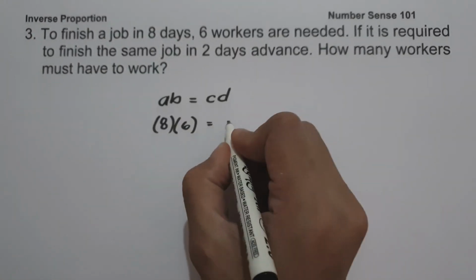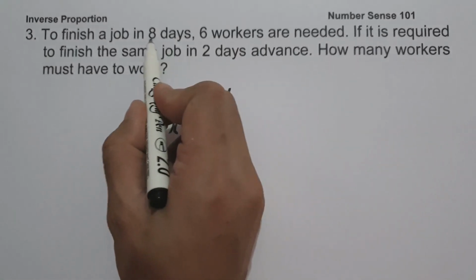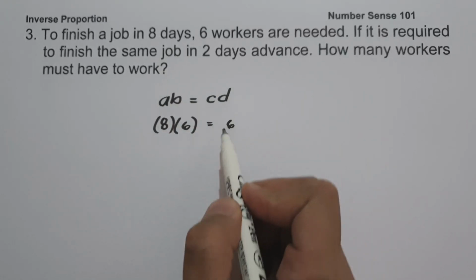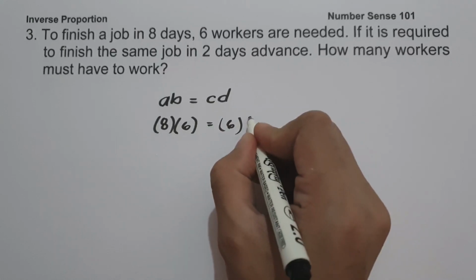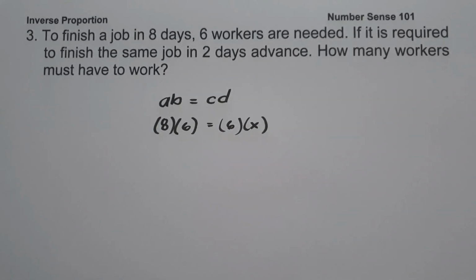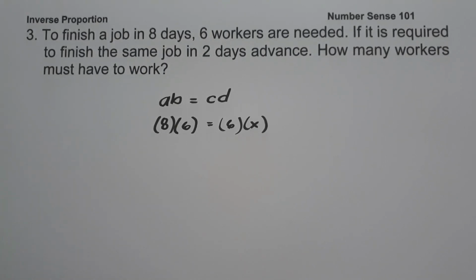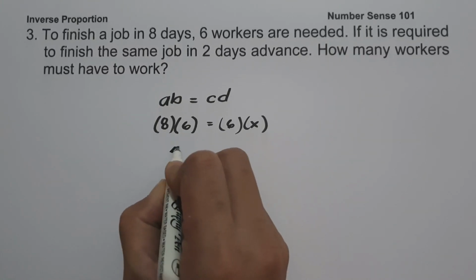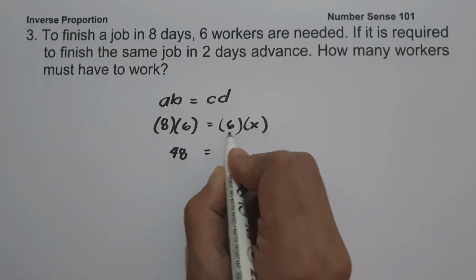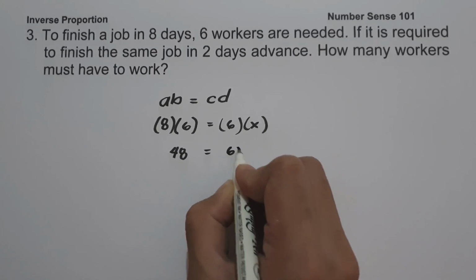And then C, that is 6. Since we have 8 days and 2 days advance, that is 6 days. And then let us have D as X. That is the number of required workers to finish the same job in 2 days advance. And to simplify this one, let us have 8 times 6, that is 48, equals 6 times X, that is 6X.